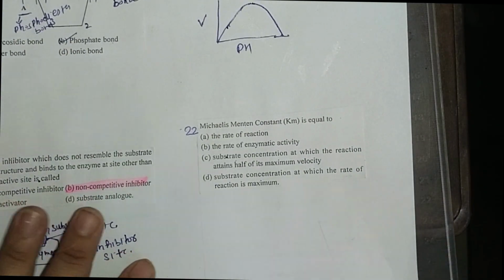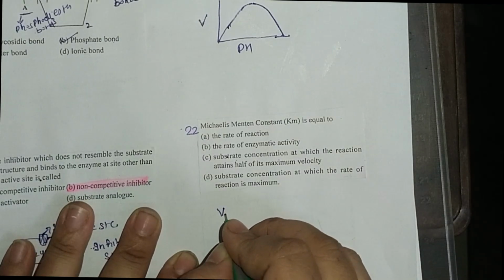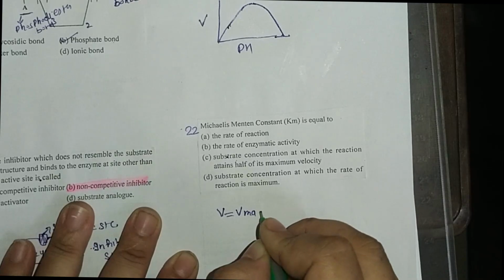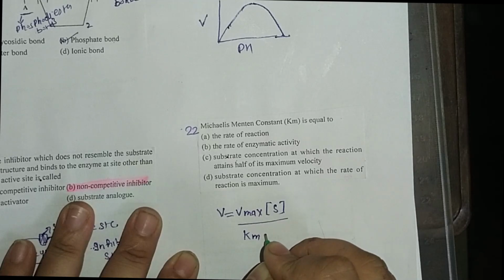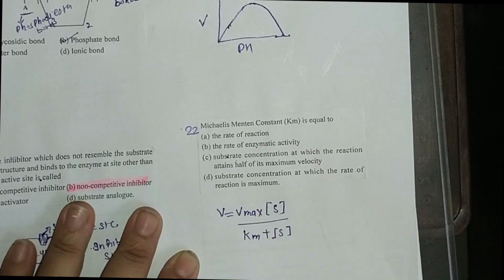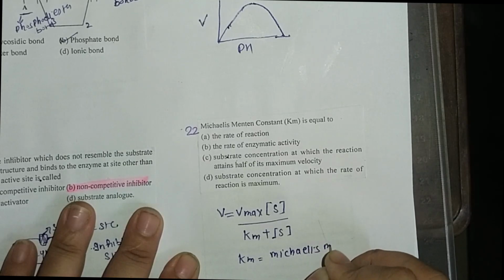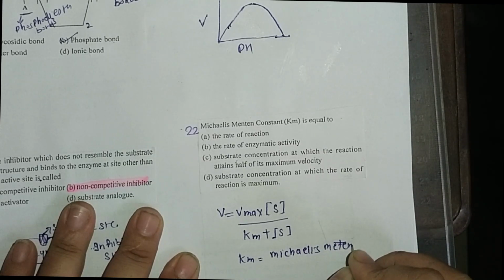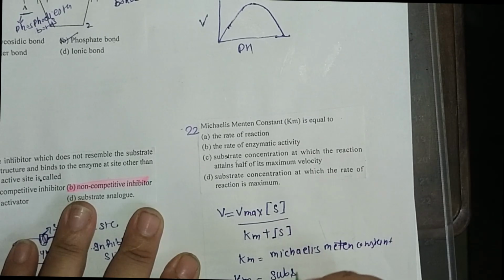Next is Michaelis-Menten constant. This question number 22. So Michaelis-Menten equation is V is equal to V max, substrate concentration divided by Km plus initial substrate concentration. Km is Michaelis-Menten constant, and Km depends upon substrate concentration.